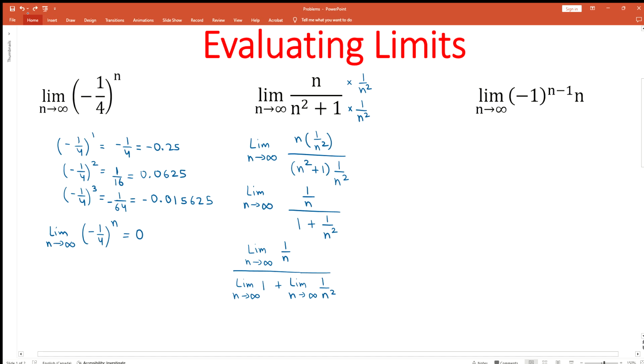In the numerator, limit n approaches infinity for 1 over n is equal to 0, because as n approaches infinity, the value of 1 over n approaches 0. There's a very important concept we need to understand and memorize. In the denominator, 1 is a constant, so the limit value is 1.